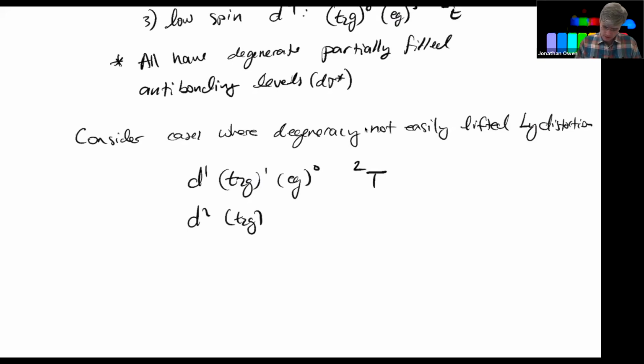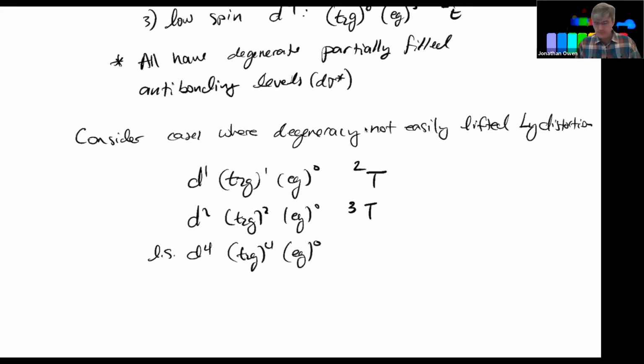Same thing, t2g2, eg0, 2 unpaired spins, 3 ways to arrange them. And then similarly, you can have low spin d4, t2g4, eg0. So here, how many unpaired spins do we have now?